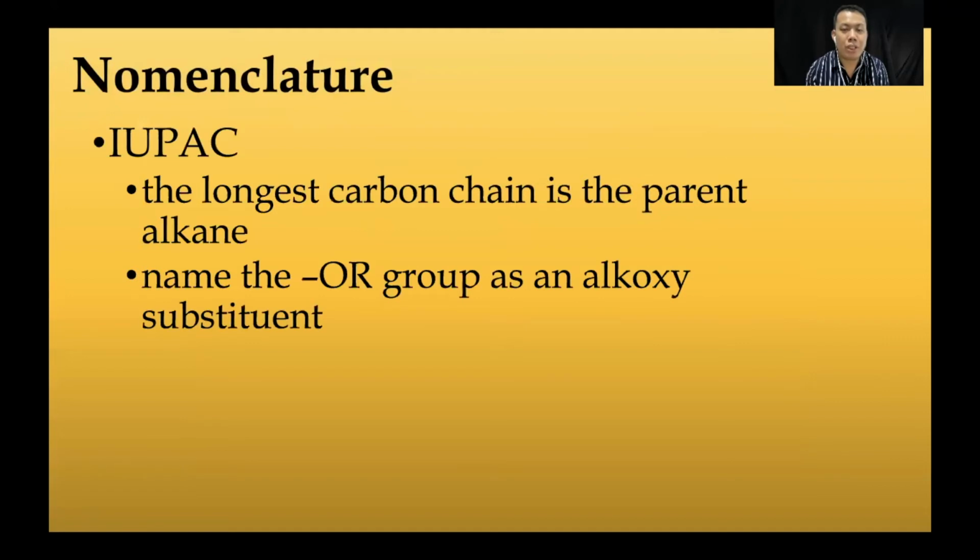So let us now proceed to nomenclature or naming of ethers and epoxides. For the IUPAC system, the longest carbon chain is the parent alkane. As I've said before in my previous video, the majority of the functional groups will follow the same format in naming, and that is the selection of the longest carbon chain.